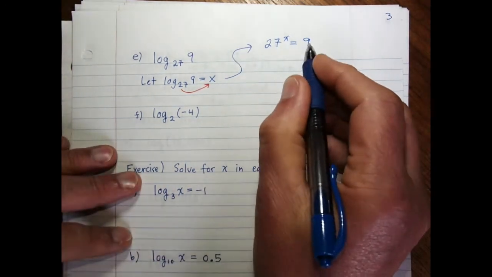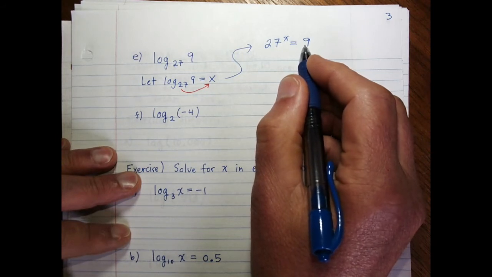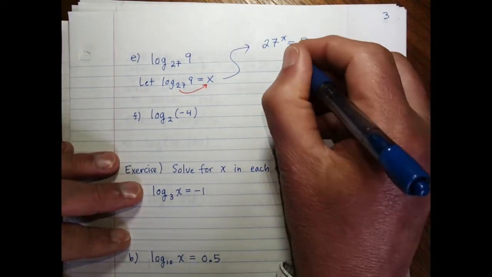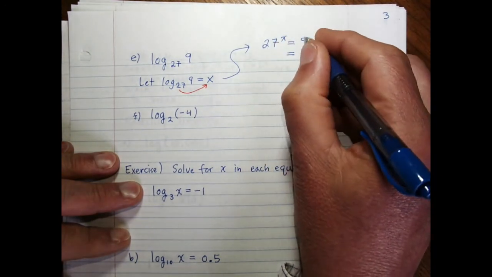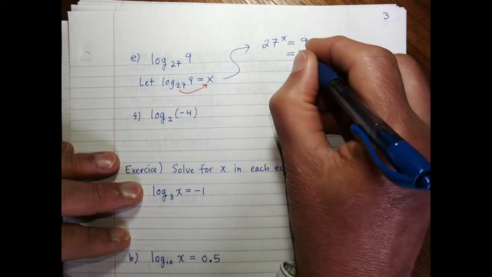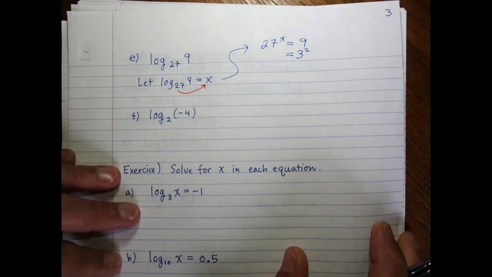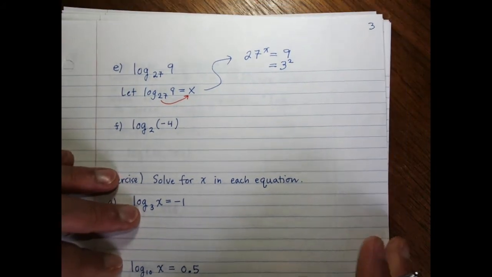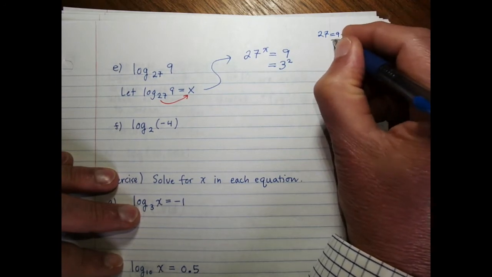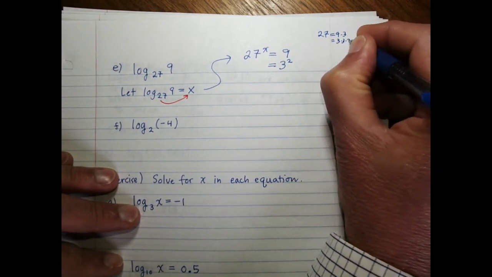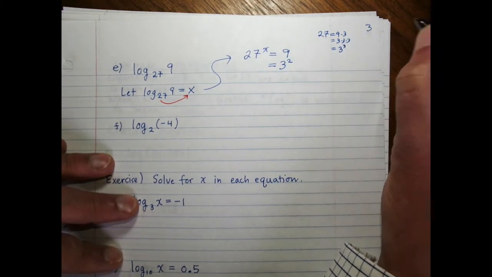Now, I don't think of 9 as 27 to a power, but what I can try to do is break down both sides of this equation. In other words, 9 is 3 times 3. 9 is 3 squared, but that's not base 27. However, 27 I know is 9 times 3, and 9 is 3 times 3. So 27 is 3 to the 3rd power.